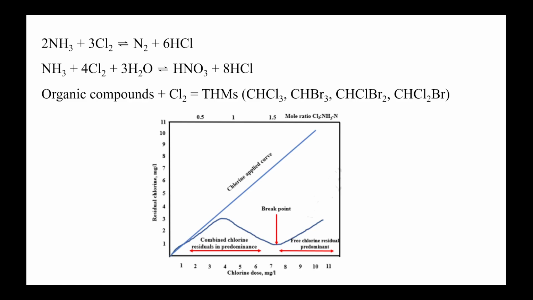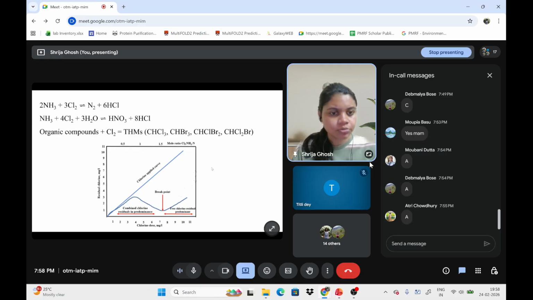So the halogen can attach to the organic matter after the organic matter has decomposed, and then it can form multiple trihalomethanes, which will then be removed from the water. Okay, so this is breakpoint chlorination. I hope this is clear. If you have any doubt, please let me know.